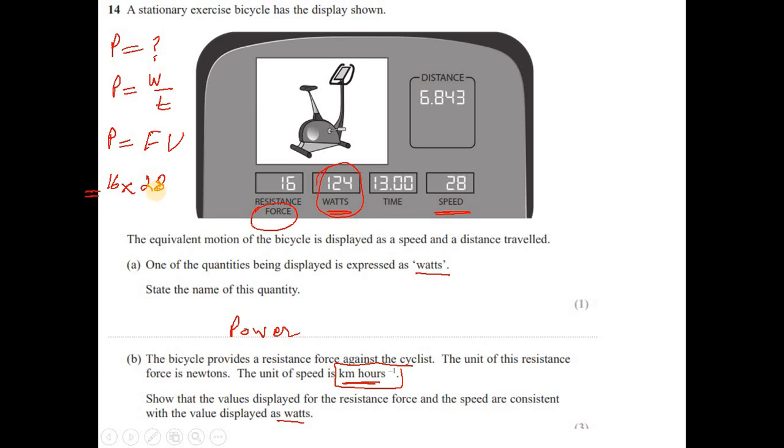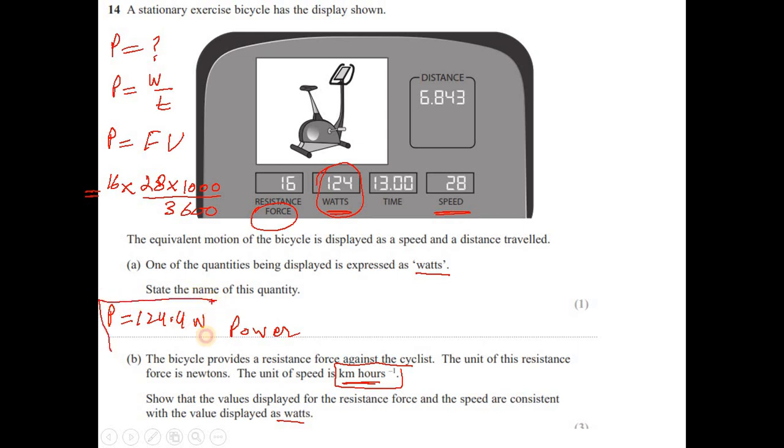So this is not in SI units, so we need to convert this speed to meters per second. And how do we do that? We multiply by 1000 and divide by 3600, and if you simplify this whole equation, power will be equal to 124.44, or 124.4 watts.